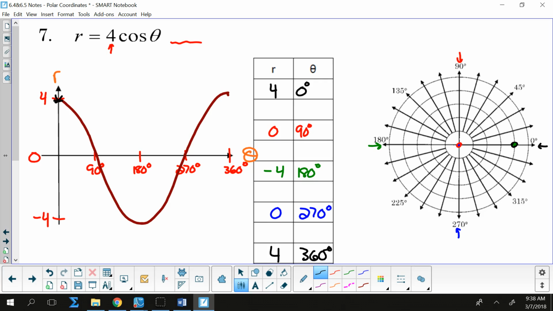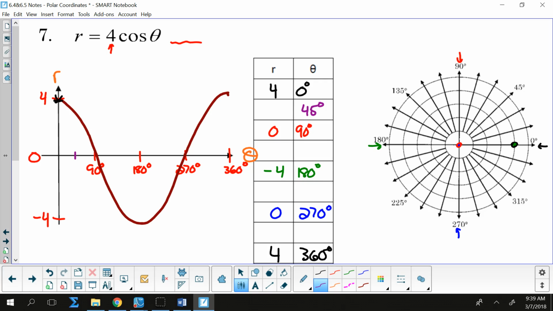So, what would halfway between 90 and 0 be? 45. Okay. So, what is the value of my function at 45 degrees? Not 2, not 2.5, not square root 2 over 2. 2 square roots of 2.